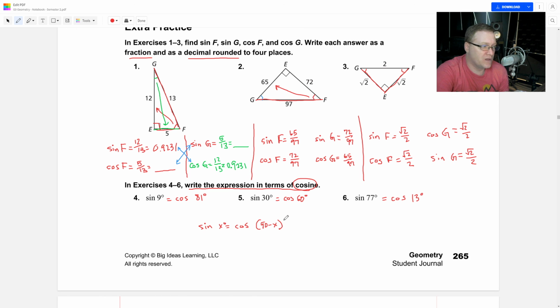And it's the same way backwards. If we write cosine of x degrees equals the sine of 90 minus x, this is also true. So remember this. All right, that's everything. See you guys next time.